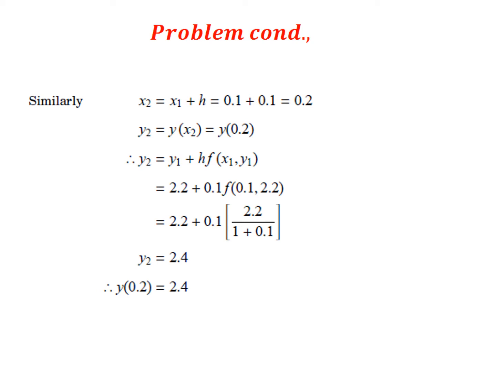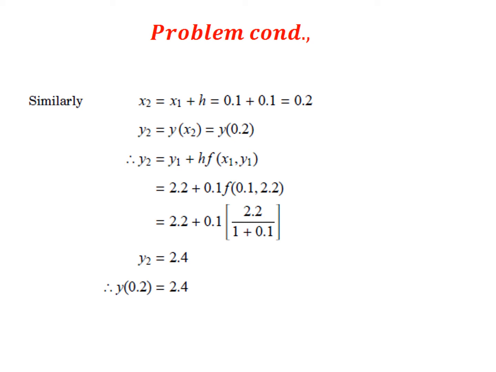Now replace all the values. Y1 is what? In the previous slide we found this value, 2.2, plus h is equal to 0.1. F of x1 is 0.1 and y1 is 2.2. From the given problem, we have f of x comma y is equal to y by 1 plus x.